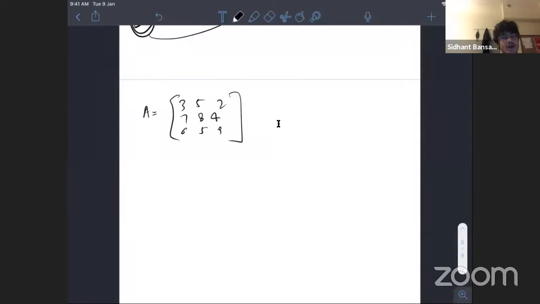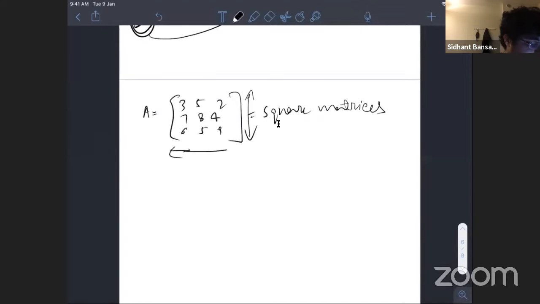In this session, we are going to be discussing mainly square matrices, because luckily in competitive programming, you mostly care about square matrices. You don't care about rectangular ones. Square matrix means that the length and the width are both the same.